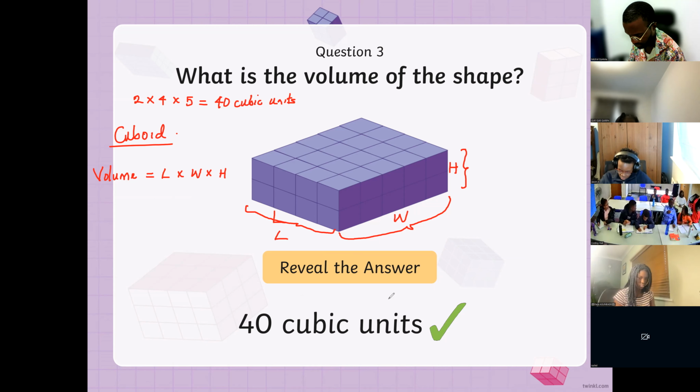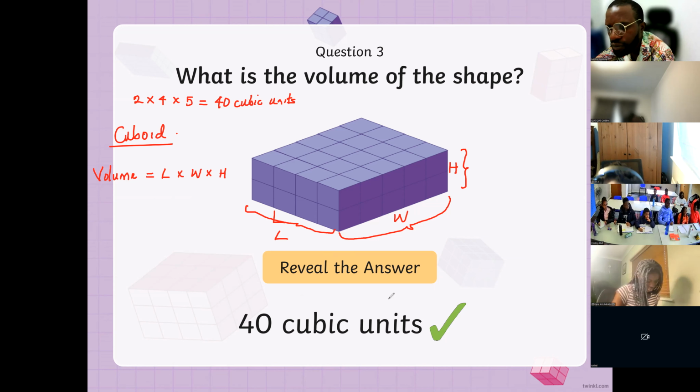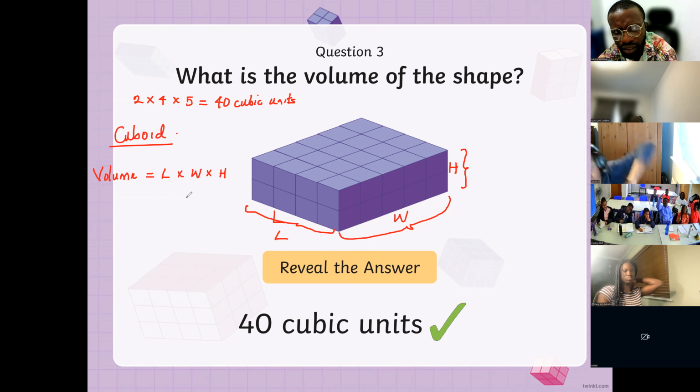No, look. This is the width, and that's the length.